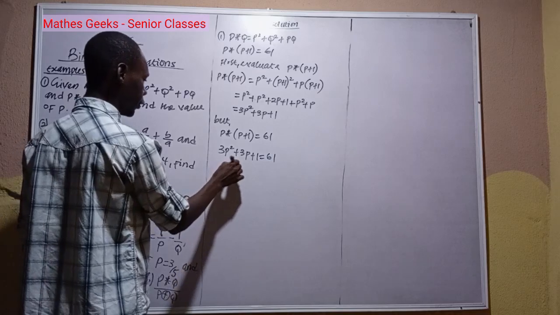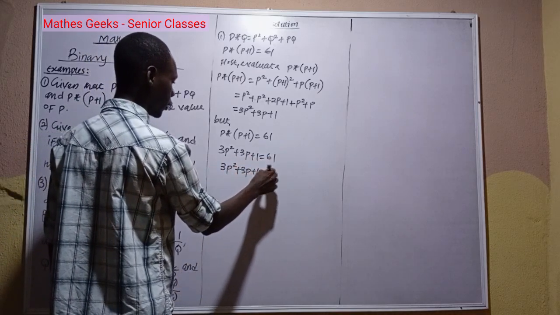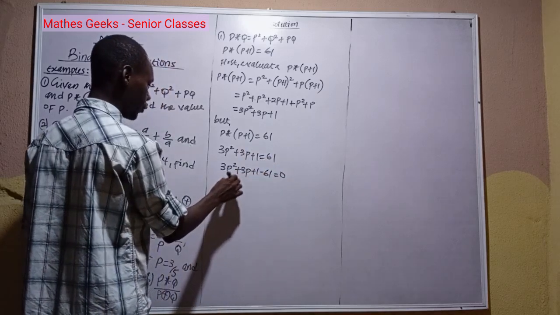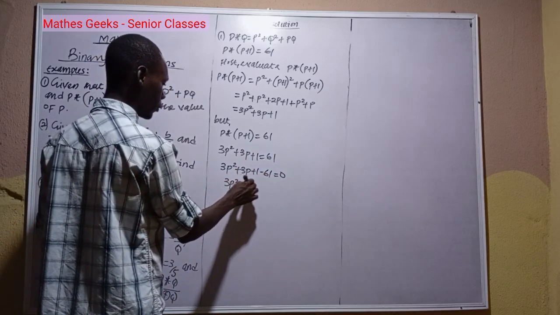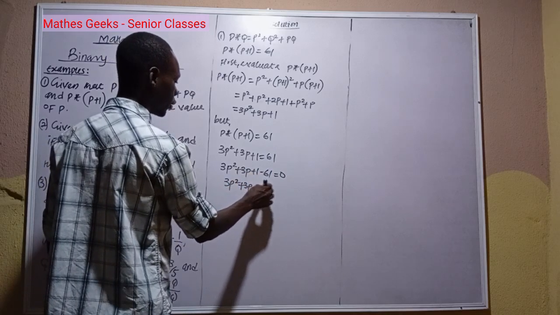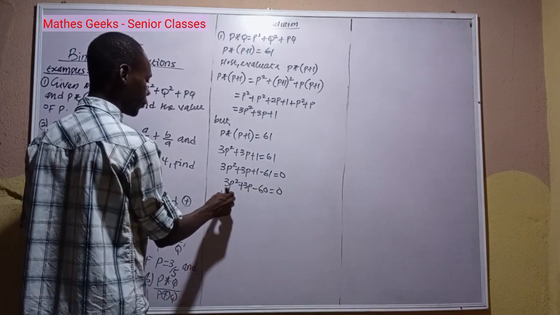So 3p squared plus 3p plus 1 minus 61 is equal to 0. So 3p squared plus 3p plus 1 minus 61 will give us minus 60, equals 0.